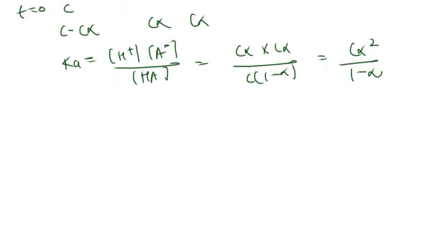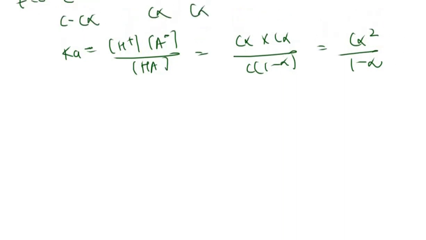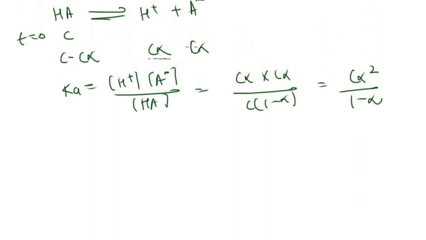Now, do we always need to solve that quadratic equation to calculate alpha, and then use C alpha to calculate the concentration of H plus? Let's understand some basic approximation. In chemistry, when we are adding 100 and 5, I'm not talking about a mathematical term, we can approximately say it is 100.